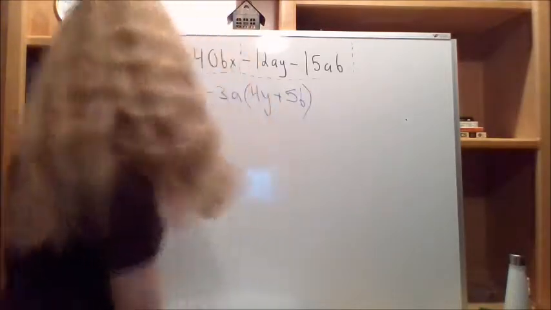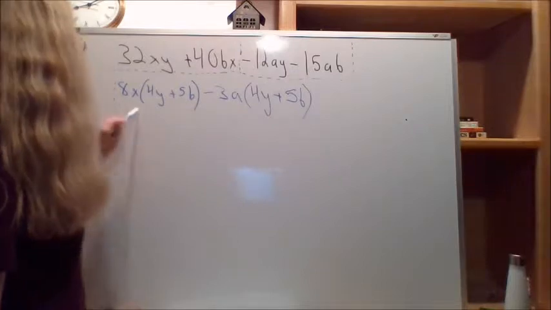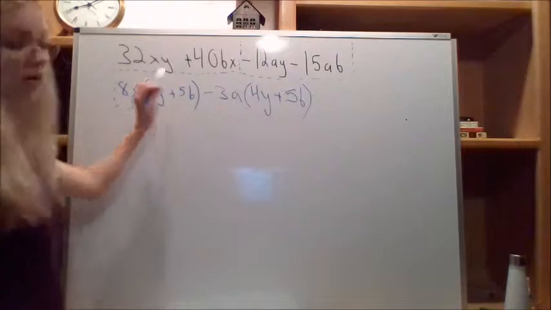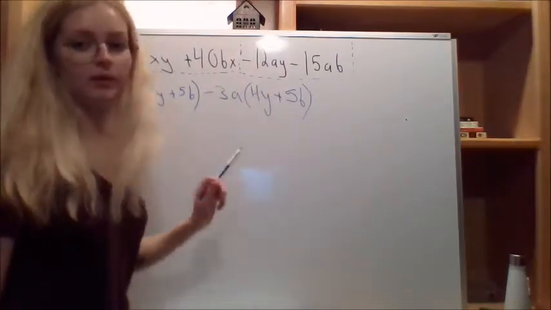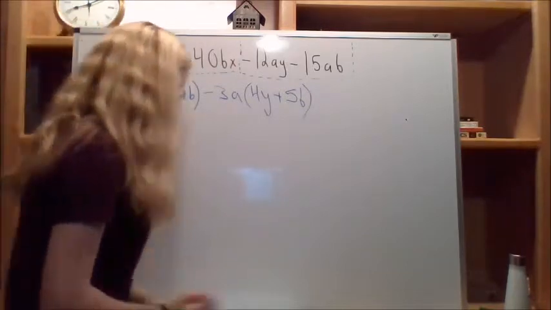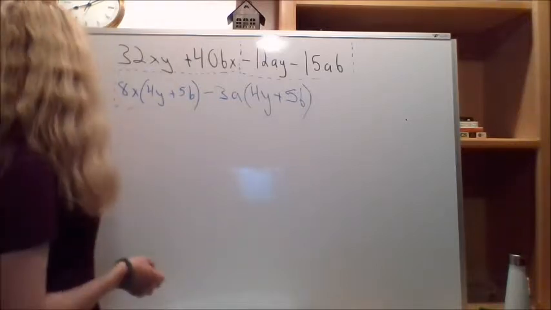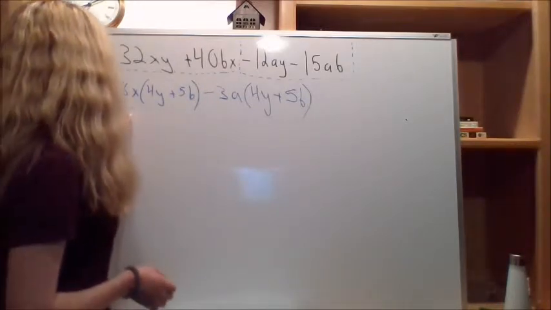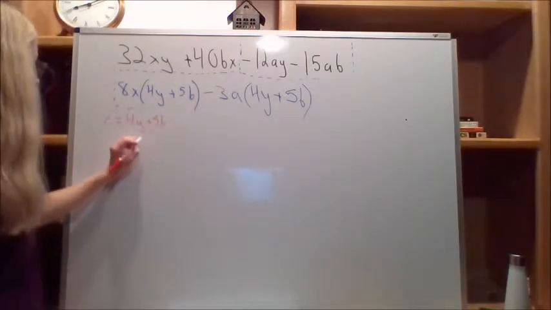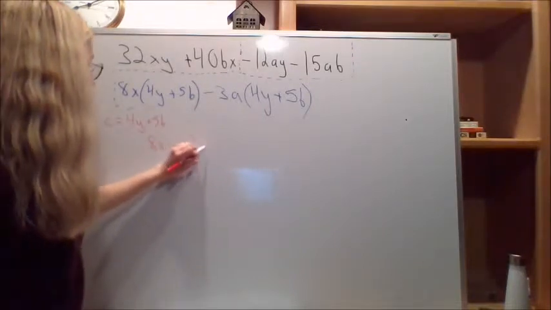So if we look at this, we see something kind of cool, because if we consider this a term and this a term, they both have a 4y plus 5b. If we set c equals 4y plus 5b, we can see more clearly that we have 8xc minus 3ac.